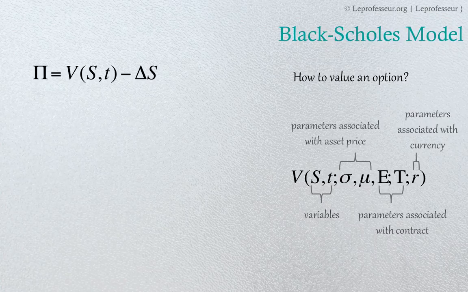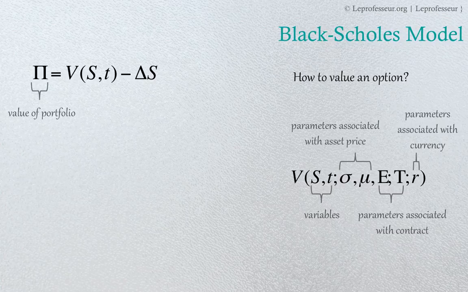Now, what is the delta? Think about this: we have a portfolio of one asset in a long position, and then for a very short duration we want to have some position delta.